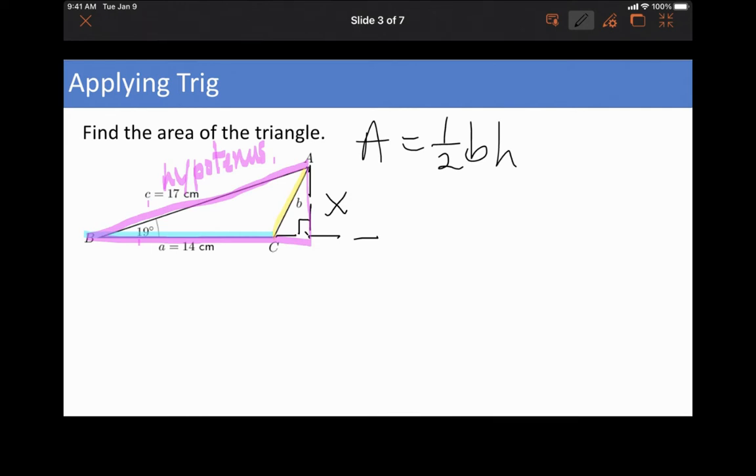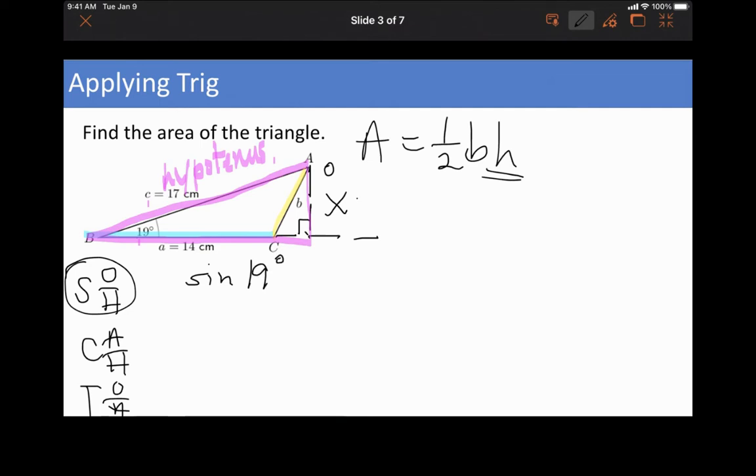The angle over here, that would be its opposite. So I have OH. And in SOHCAHTOA, OH is sine. So this is just to find h. Right? So I have the sine of 19 equals x over 17.